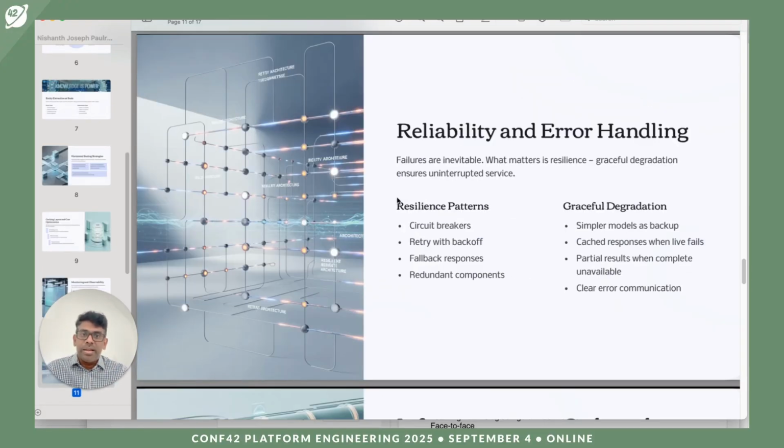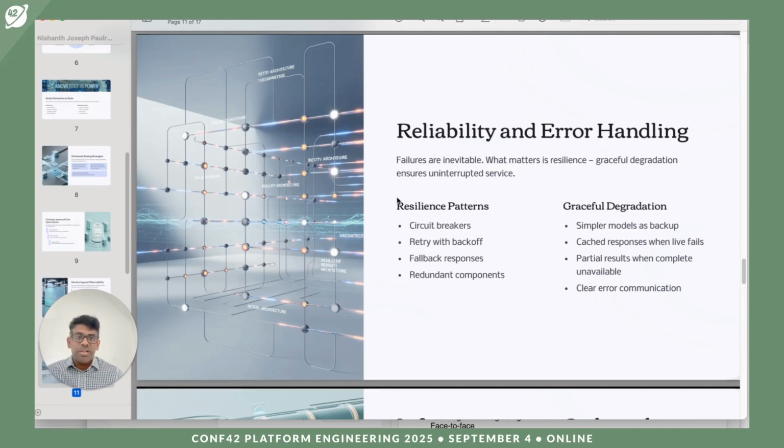Reliability and error handling. Failures are inevitable in any system. So when we talk about the system design, we also need to talk about handling the failures. What matters is resilience. Graceful degradation ensures uninterrupted service. Resilience patterns means circuit breakers, retry with backoff, fallback requests, redundant components.